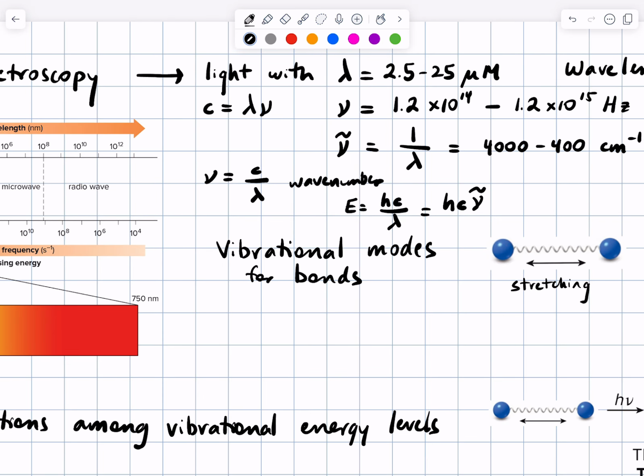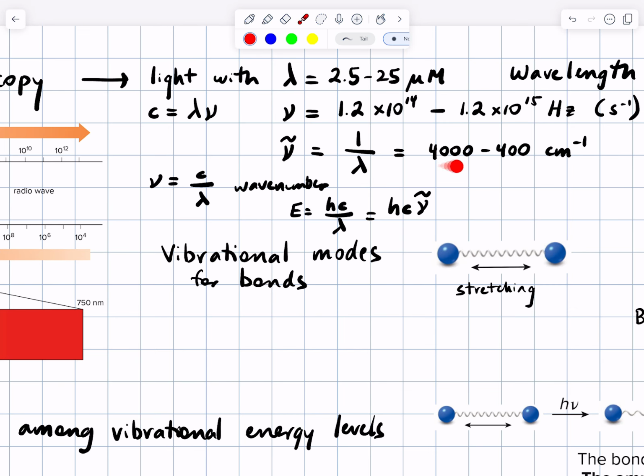In other words, the higher the wave number, the more energetic the light is that excites that transition. So you can interpret wave number exactly as you would interpret frequency. Higher numbers mean more energy required.